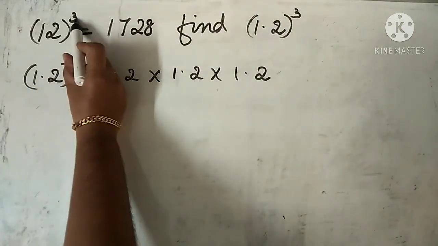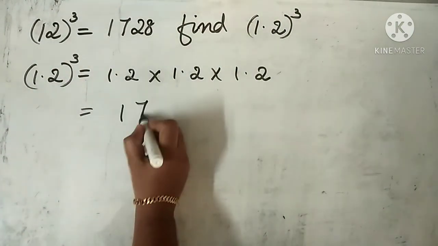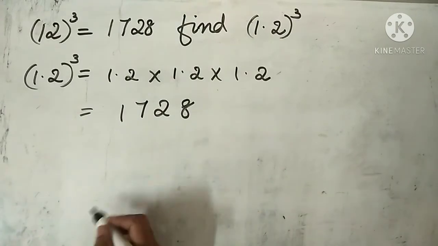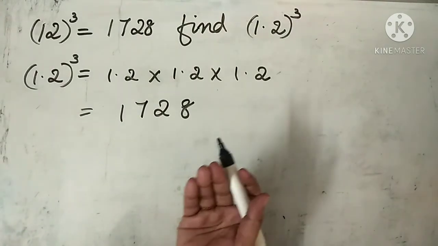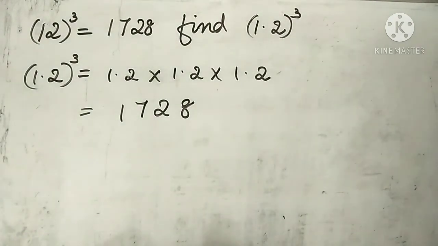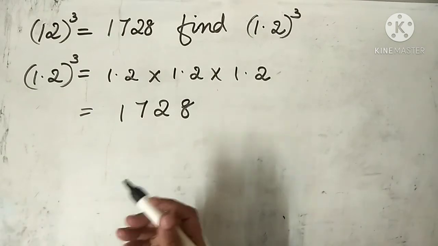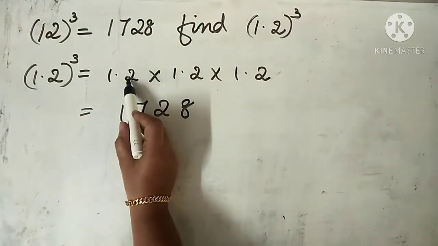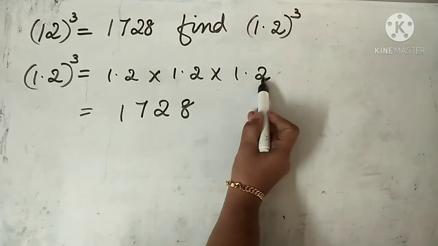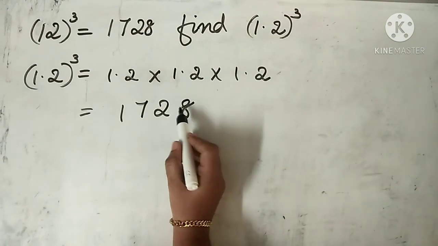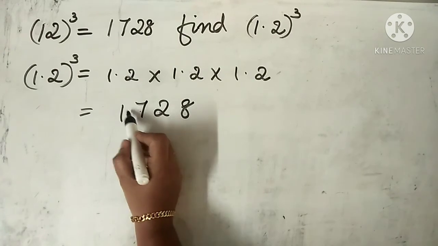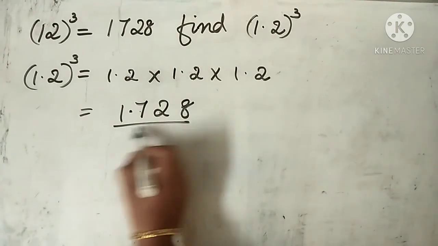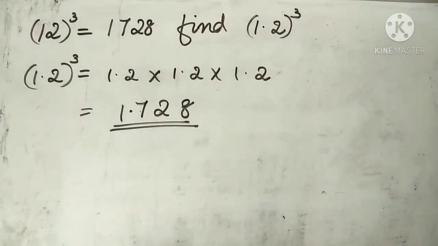That is what 12 cube is, 1728. Now the next step is we have to put the decimal point. Where will we put the decimal point? We will count how many numbers are there after the decimal point. 1, 2, 3. So we will count from here 1, 2, 3 and put the decimal point. So the answer is 1.728.